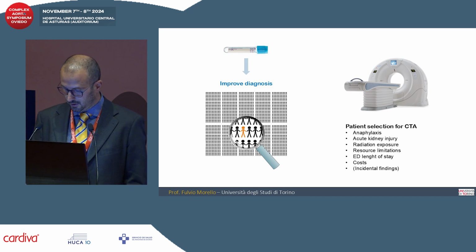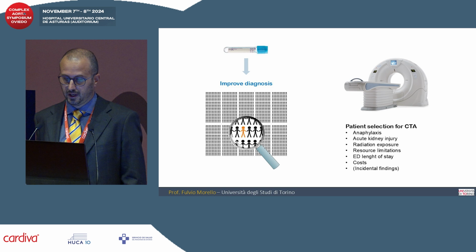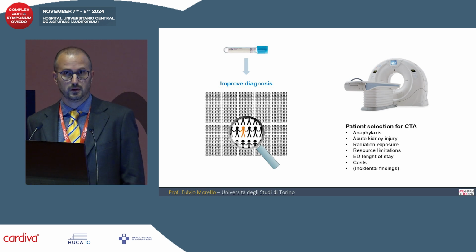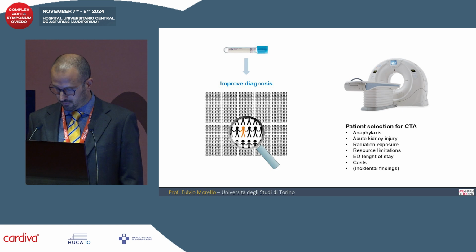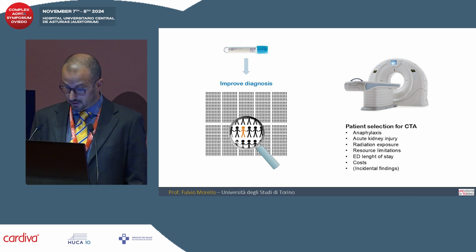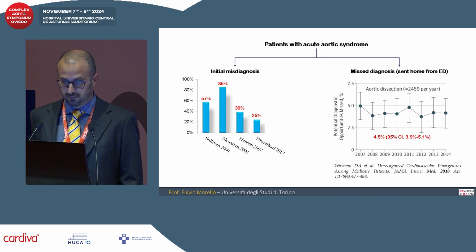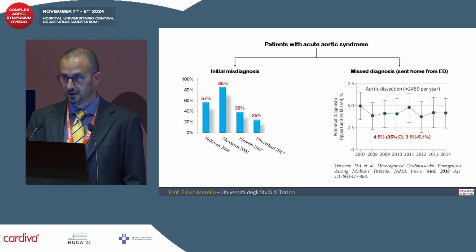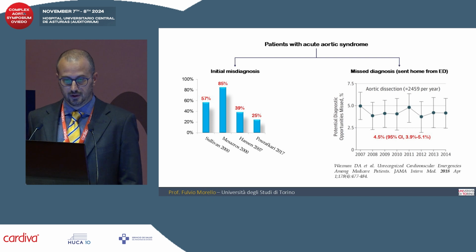And of course, in the emergency department, we have the issue of selecting patients for CTA. This is not trivial, it's not easy for several reasons. And it's very evident in the results that have been published, but also in everyday practice. There is a huge amount of initial misdiagnosis for acute aortic syndromes.